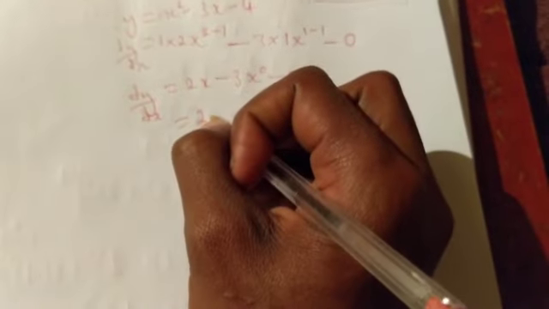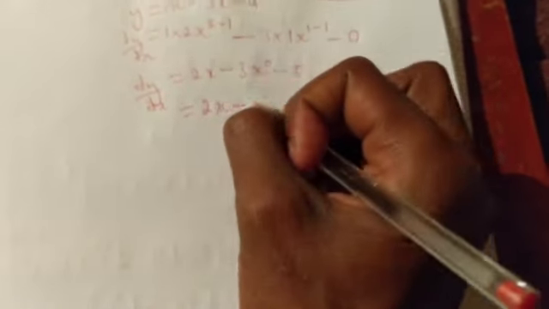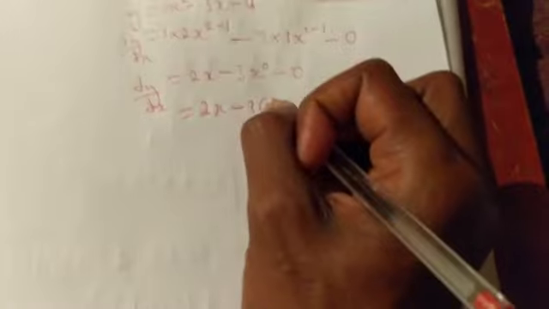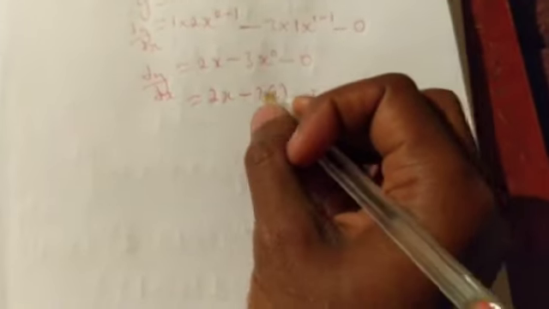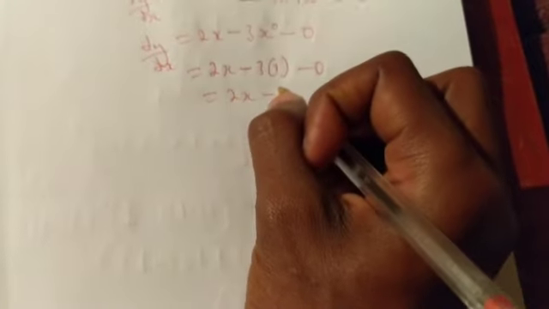So we get x minus 3, 1 times 3. So we get 2x minus 3, because 3 minus 0 is 3. So this one is our dy over dx. Now we need the gradient.